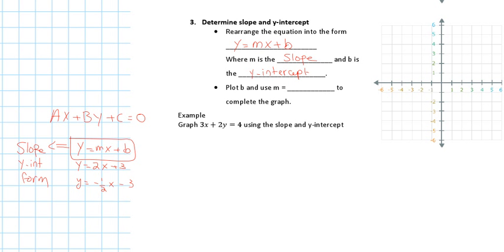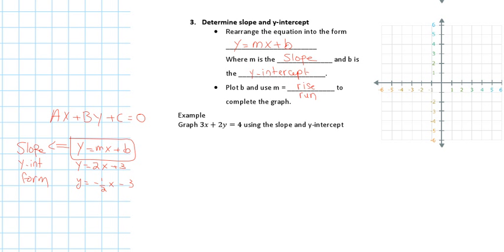You plot the y-intercept first, and then you're gonna have to use your slope, which is rise over run, to complete the graph. I'll show you how. This is just filling in the blank for now. I'll show you how we're gonna do that.